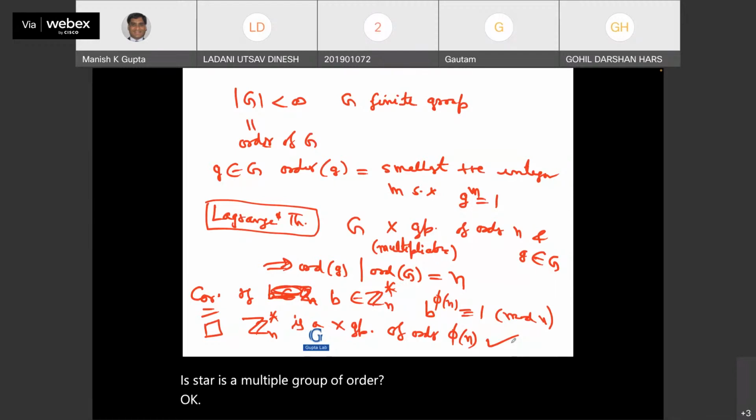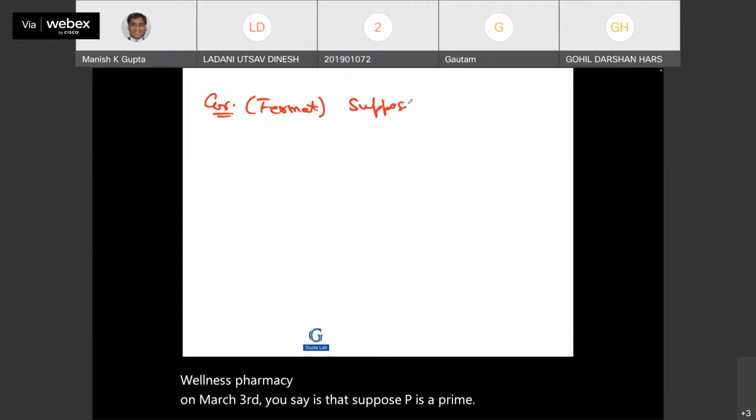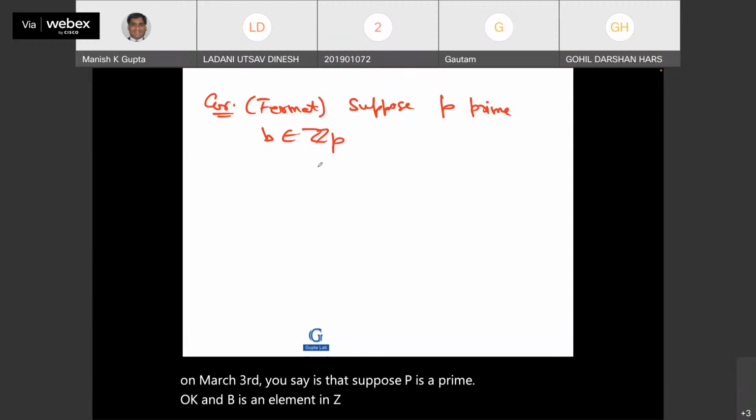So then we have another result, or a small corollary, known as Fermat's theorem, which says that suppose p is a prime, and b is an element in Zp, integers modulo p, then b raised to the power p is congruent to b mod p.